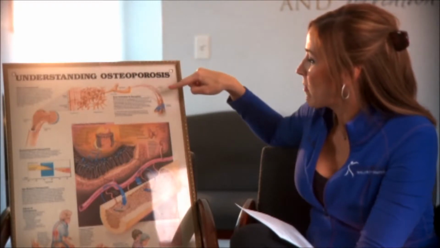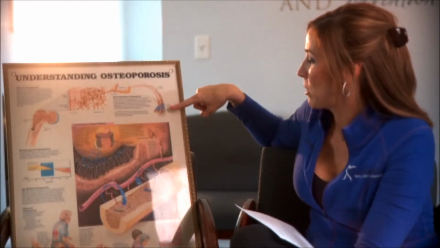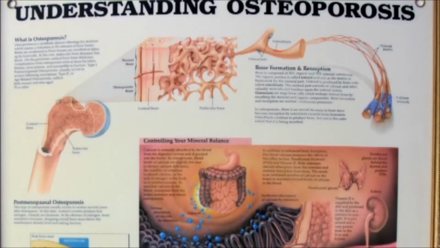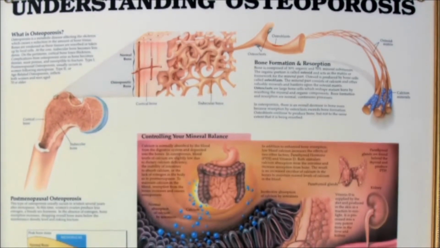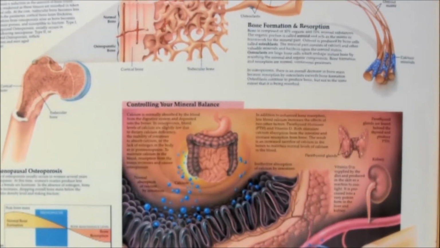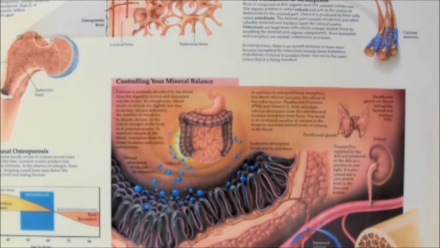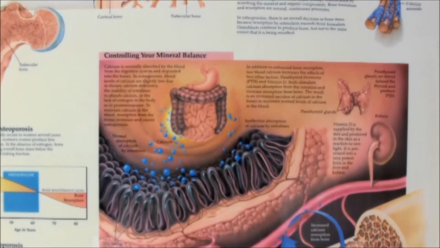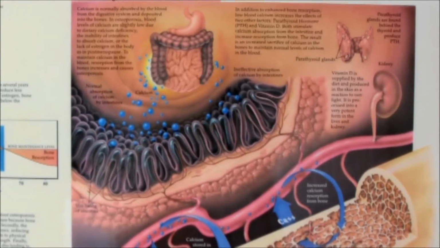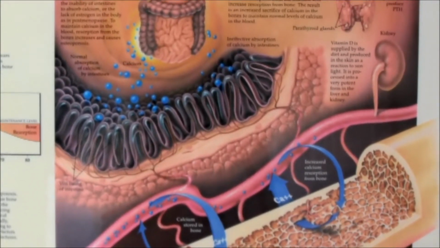So you have these cells that need calcium minerals to make bone form. How does this happen? Blood calcium is carried through the blood and gets absorbed through the intestines. This shows a healthy intestine, and this shows how calcium is being absorbed at a healthy rate. When we get older, the same blood calcium is not absorbed at the same rate.